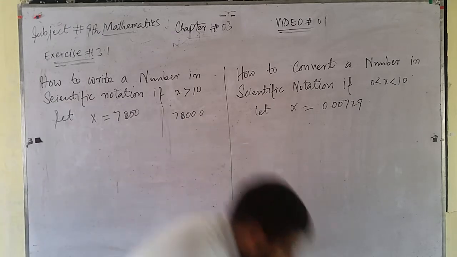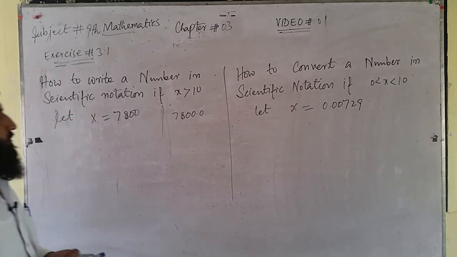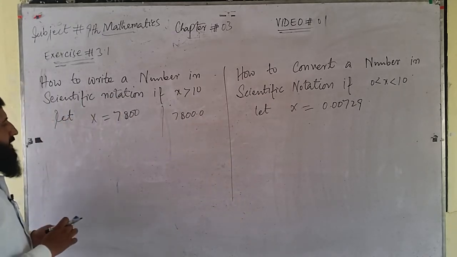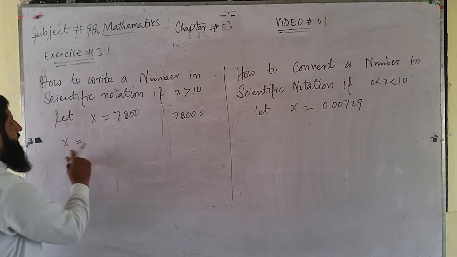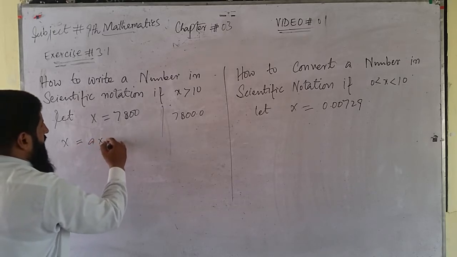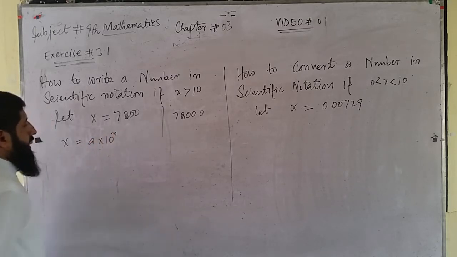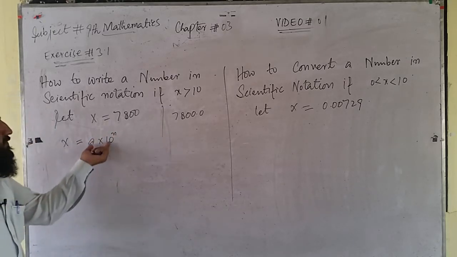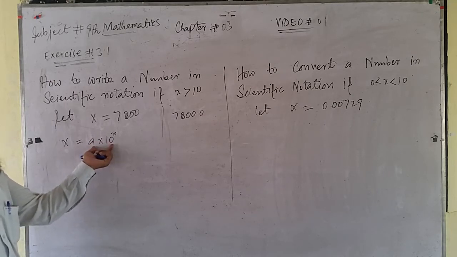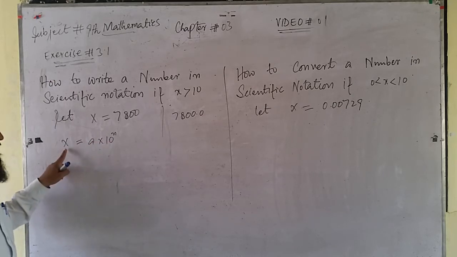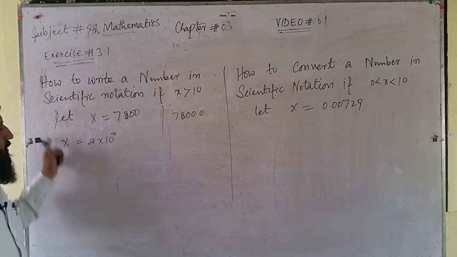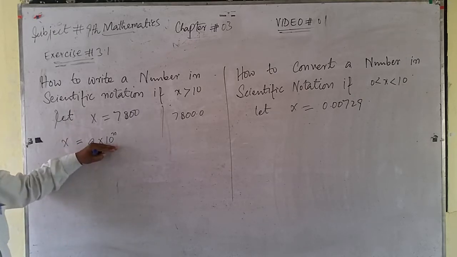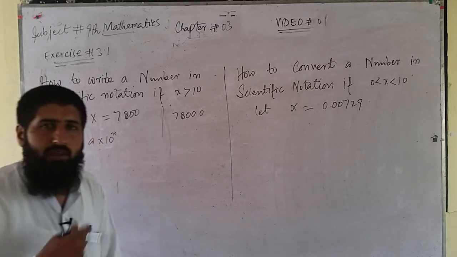Now we know, what is scientific form? Scientific form is basically the conversion of a number into the form A times 10 power n. To write a number in this form is the conversion to scientific notation. If a number is in standard form and we convert it into this form, then we have converted it into scientific notation.